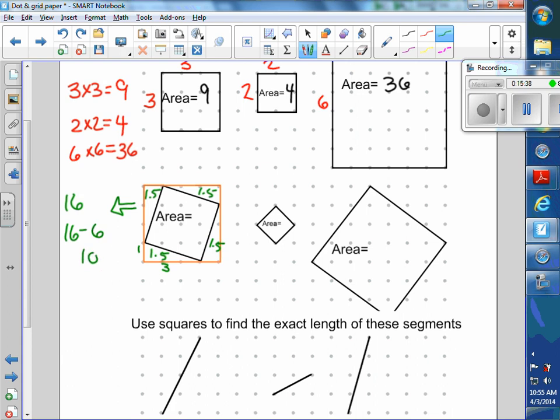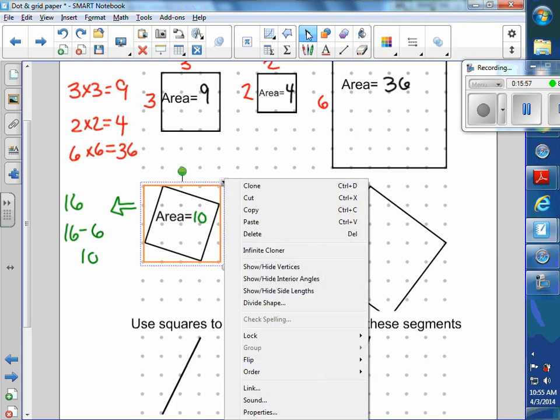So the area is 10. Did everybody get that? Okay. So then I need to get rid of this stuff here for a minute. You know the area is 10.